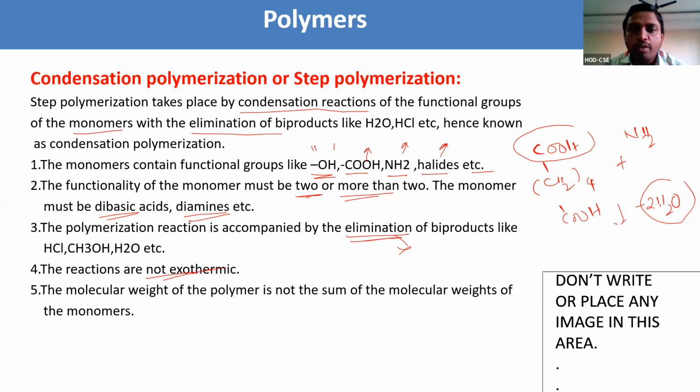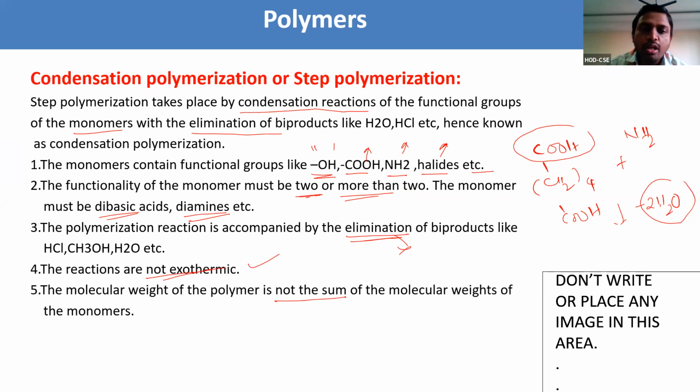But in condensation polymerization there is no conversion of pi bond to sigma bond, so it is not an exothermic reaction. Also, the molecular weight of the polymer is not the sum of the molecular weights of the monomers. The molecular weight of the monomer is different from that of the polymer in condensation or step polymerization.